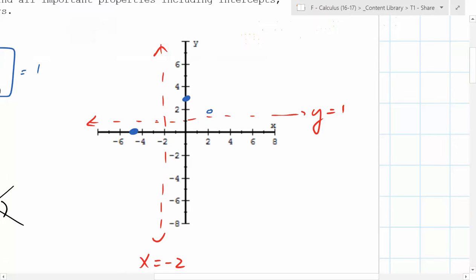We know it's going to do this and that, and then there and there. We know it has to do that because it can't cross the horizontal asymptote, and by definition, it can't cross the vertical, or it wouldn't be a function. Oh, we have to flip that up a little bit right there. If you get one or two values off, but this is generally pretty good. I like this a lot.